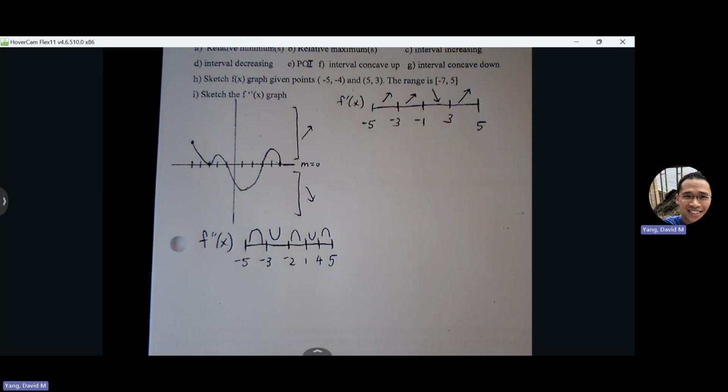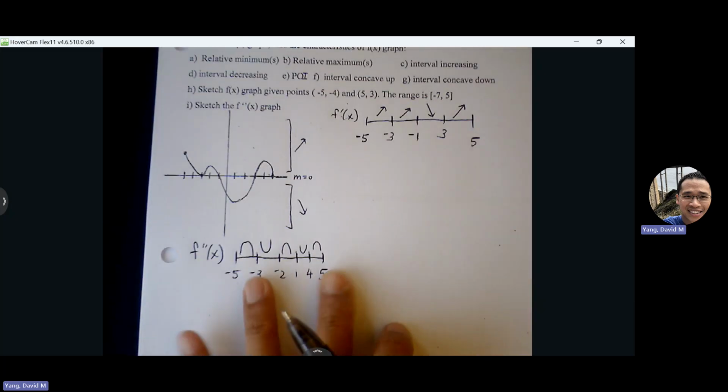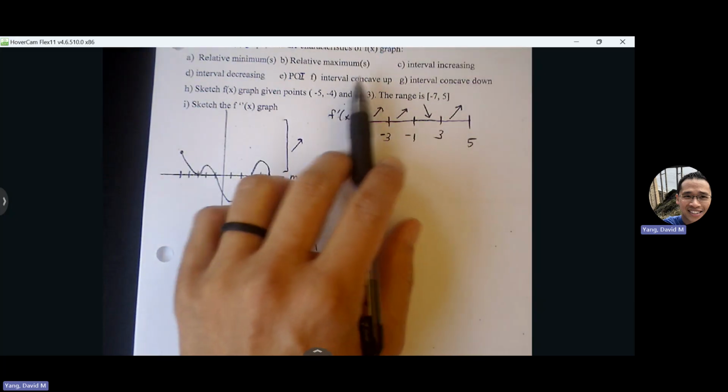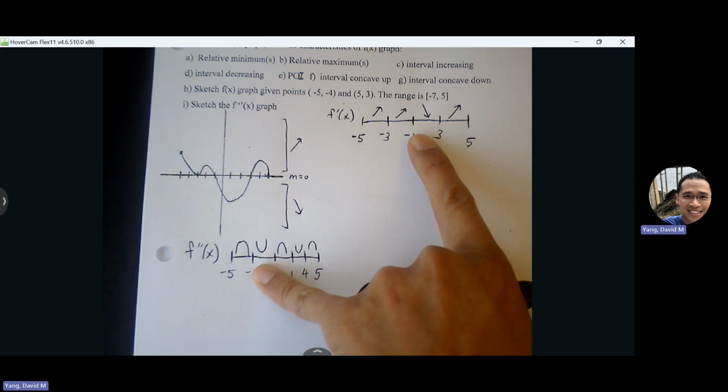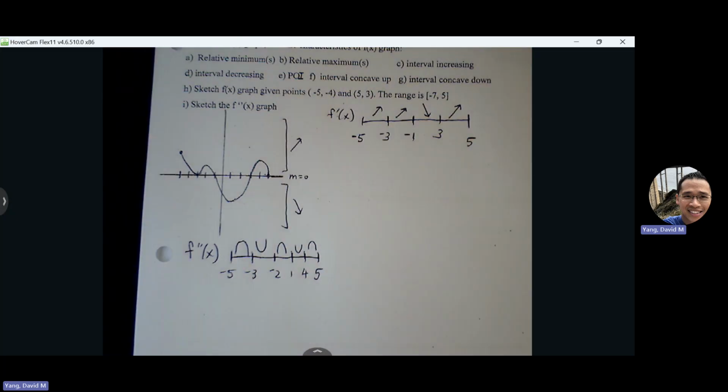So A through G, you're going to practice writing out all of your intervals. This should feel easy because you're just reading off your sign lines, but also practice writing out all your because statements as well. And then students tend to forget that relative min, relative max, and POI also have because statements.